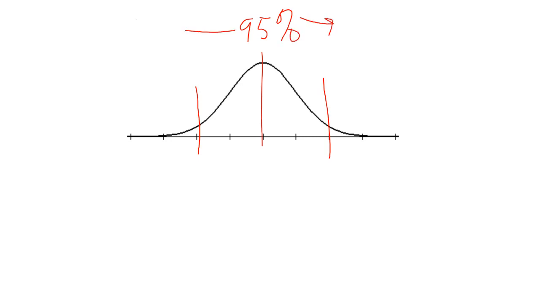So you divide that by half to get this percentage, which would be 47.5%. And then you also have this percentage out here. If there's 95% between those two values, that means there's 5% outside of those two values, so we'll have 2.5% on each side.